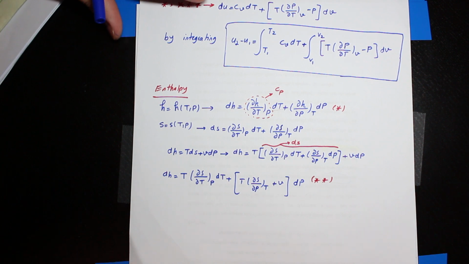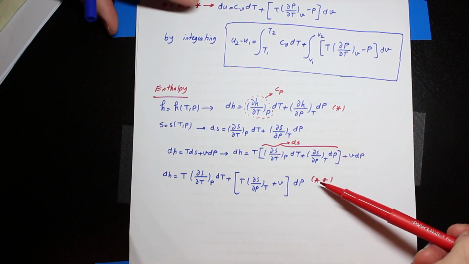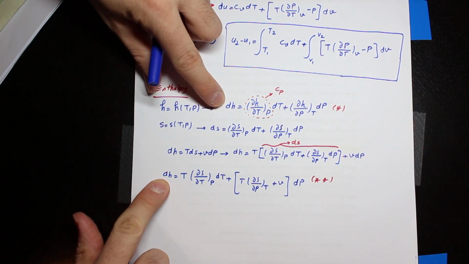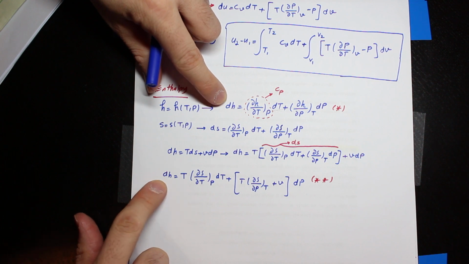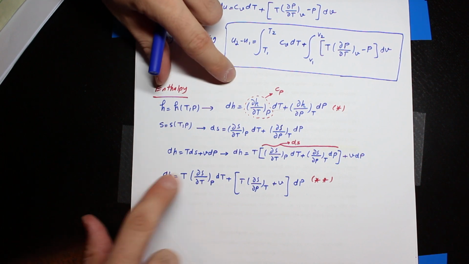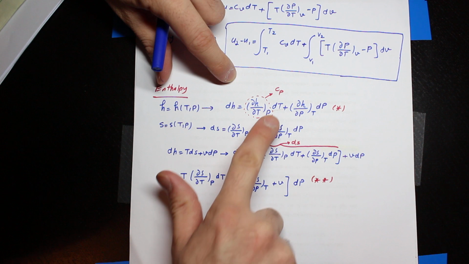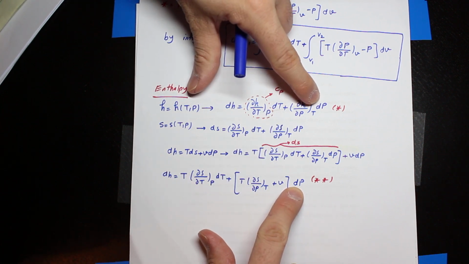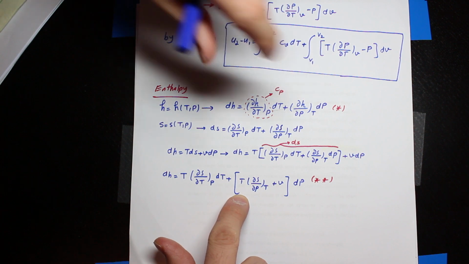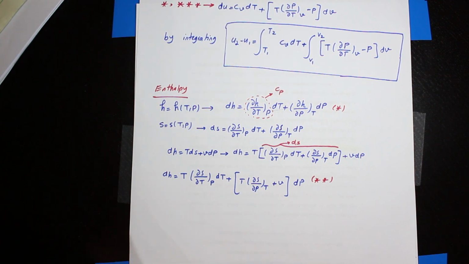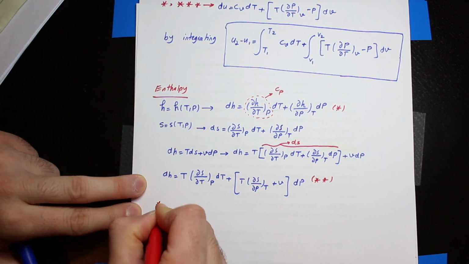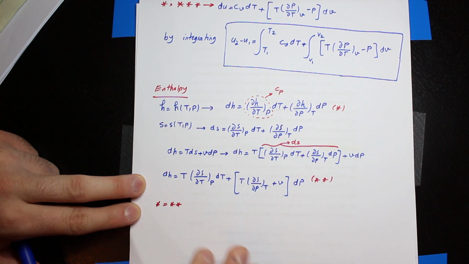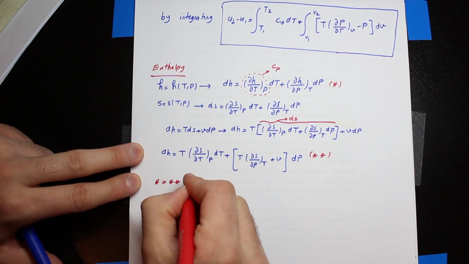If you notice, 1 star and 2 star are both dH. Here I have dH, here I have dH. That means the coefficients of dT should be equal and the coefficients of dP should also be equal, exactly like what we did before. So by equating 1 star and 2 star, I'll get two conclusions.